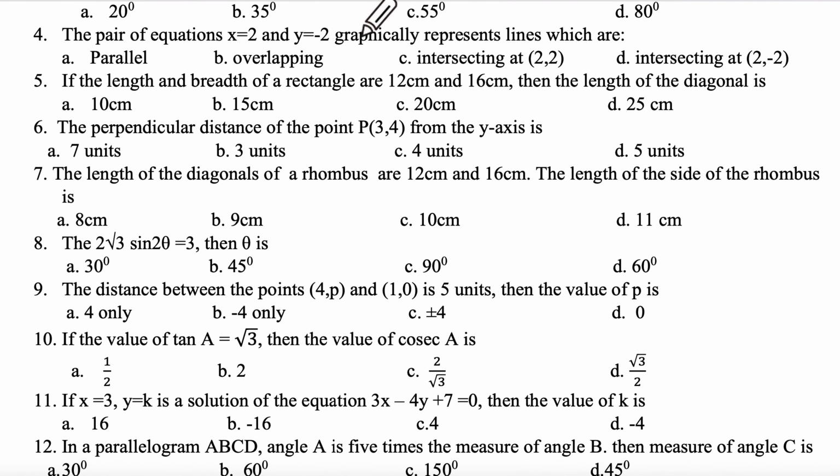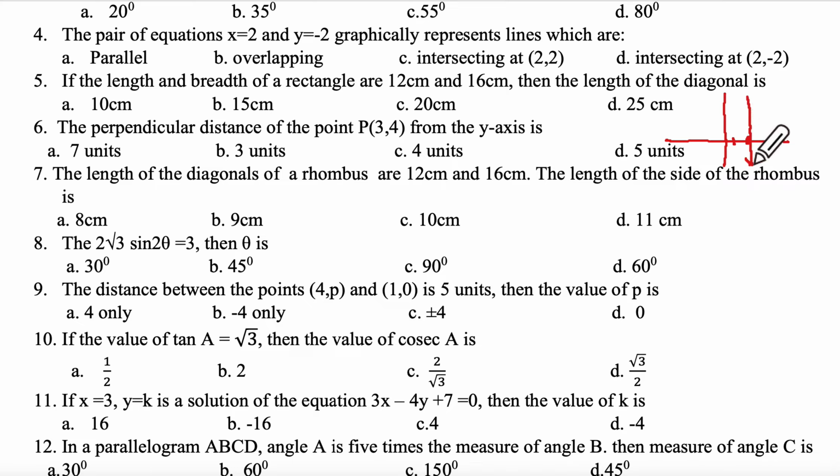Let us see this. The equations x equal to 2, x equal to minus 2 graphically represent lines which are intersecting, parallel to each other, or overlapping. Now see, x equal to 2. If you don't understand this, x equal to 2 will be here. Let us say 1 and 2.